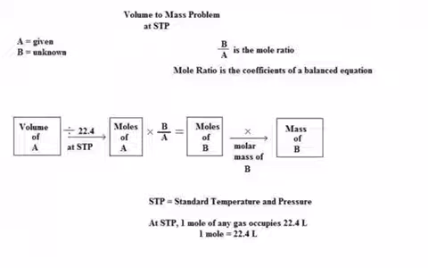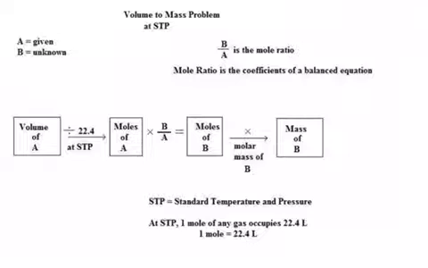If you remember the flow chart, when you're going from volume to mass, did I say mass to volume? I meant volume to mass. So when we're going from volume to mass at STP, the first thing we got to do is change the volume into moles, and according to the flow chart, we're going to divide by 22.4 liters.